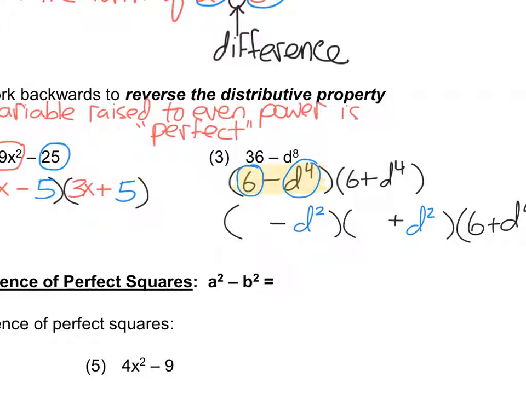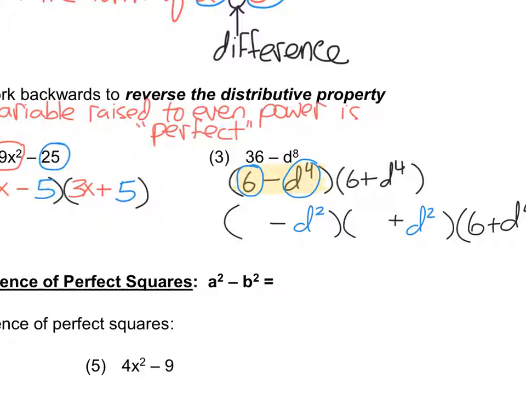We could divide the power by 2. But for the numbers, it's a little bit of a different story. Give me an operation that's not division or subtraction. Give me an operation that would take 25 and make it into a 5. Or maybe a 9 and make it a 3.